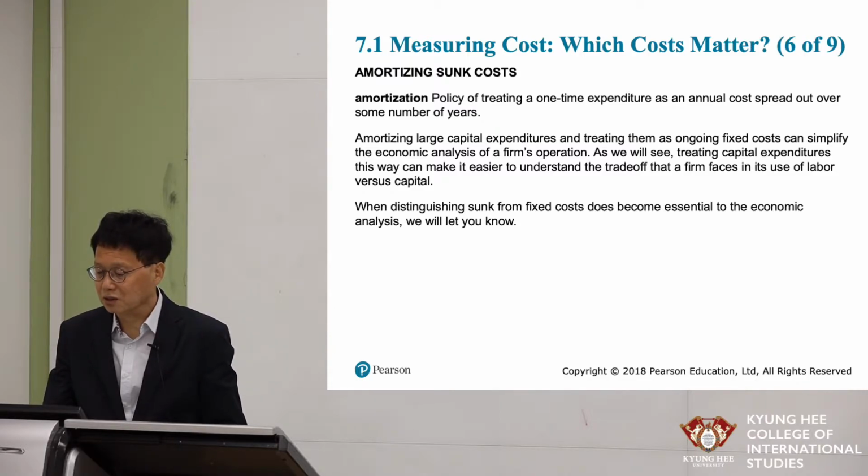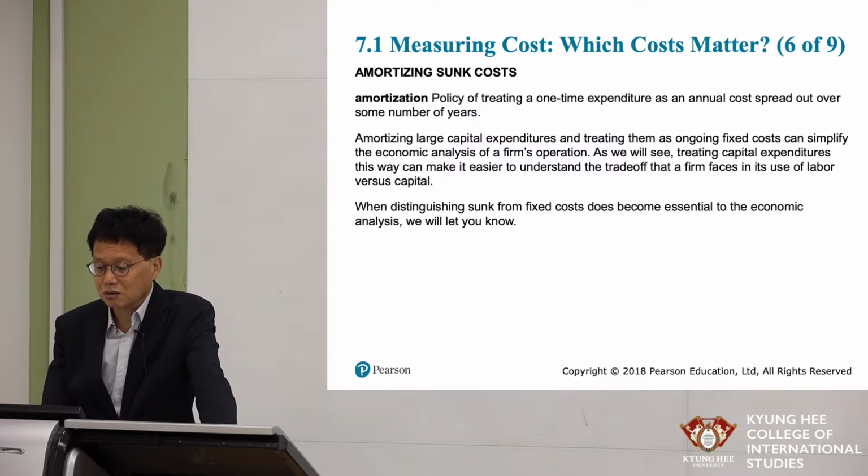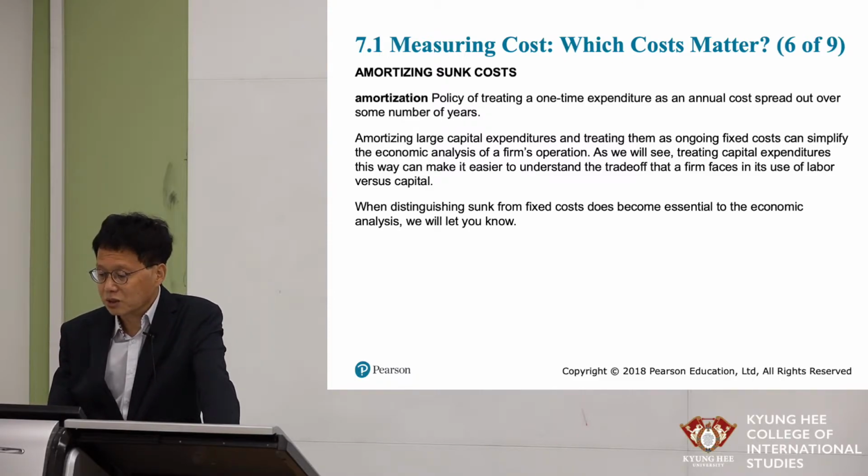Amortizing large capital expenditures and treating them as ongoing fixed costs can simplify the economic analysis of a firm's operation. As you will see, treating capital expenditures this way can make it easier to understand the trade-off that a firm faces in the use of labor versus capital. Then distinguishing sunk costs from fixed costs does not become essential to economic analysis. Okay? Not essential.